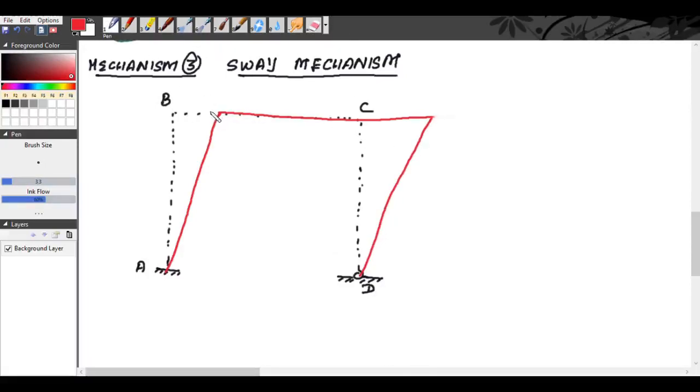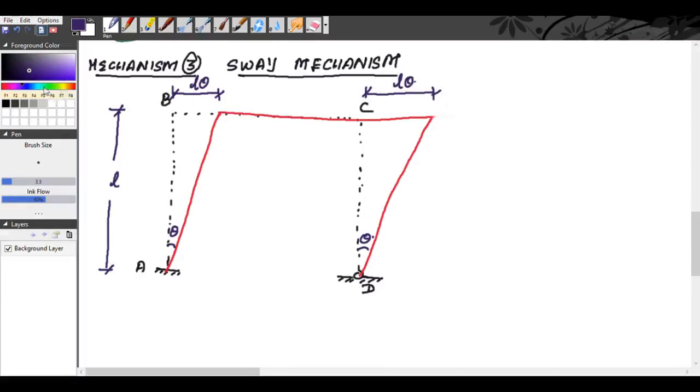See, this distance will be equal. These both distances will be equal, and the distance depends upon this angle. This angle is theta, this angle is theta. So everywhere this distance is L, right? So this distance is L theta. Similarly, this distance will be equal to L theta.